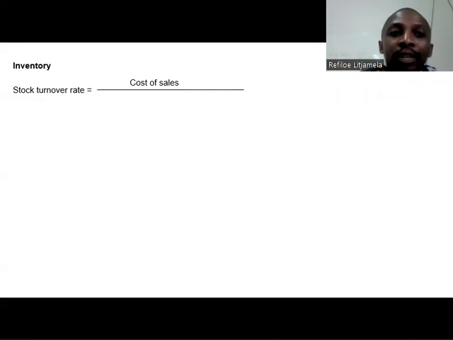Okay, but you were given the stock turnover, and I will start with that. The stock turnover was given to you as 11. You were also given cost of sales, and cost of sales was 2,200,000. When it comes to average inventory, you were given inventory for this year, but you were not given inventory for last year.